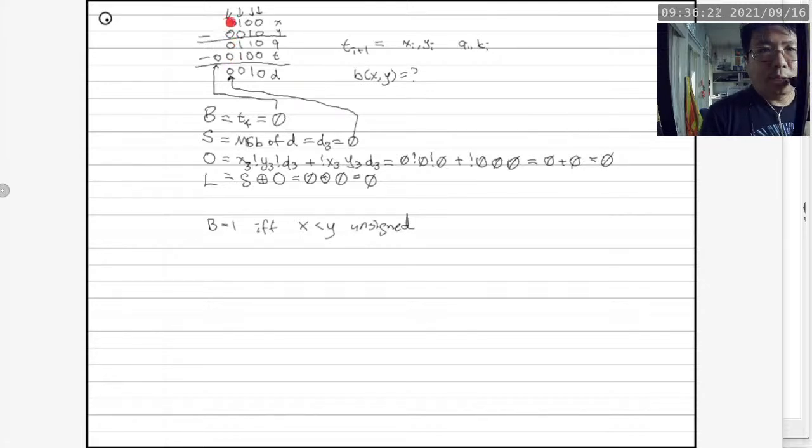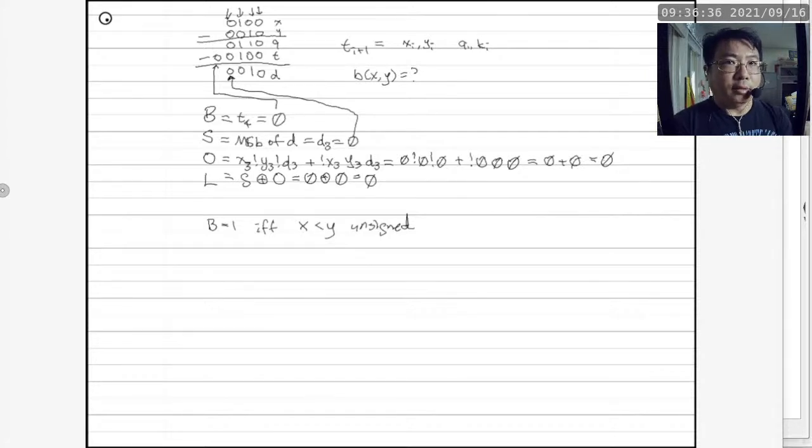So if it is because of x and y, because x3 is a 0 and y3 is a 1, then it is pretty clear in that case that the unsigned value represented by x is less than the unsigned value represented by y. For unsigned integers, we only need to pay attention to B. S, O, and L are not applicable to unsigned interpretation.